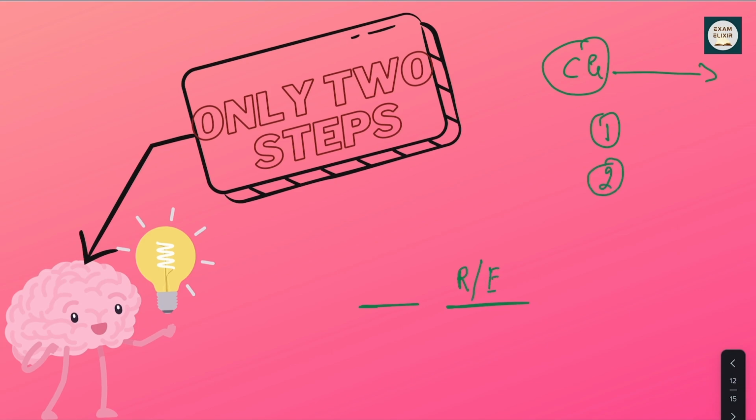In the second step, you are going to ask a question: due to this receipt or expenditure, is there any change in the assets or liabilities of the central government?